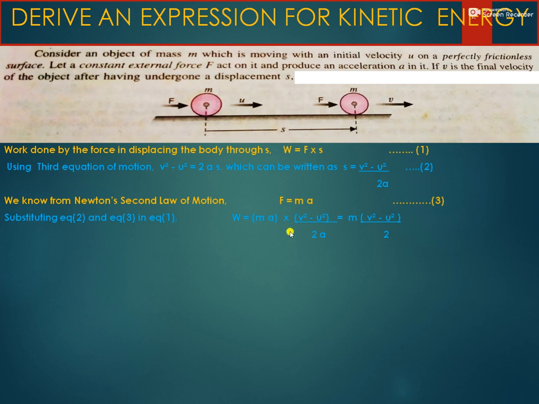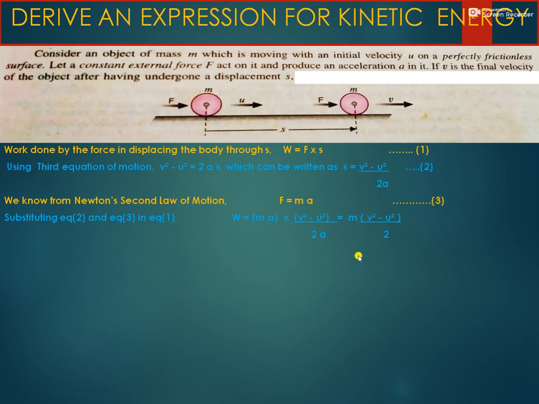So when you cancel this a and a, you will get the final equation: W is equal to m into (v square minus u square) upon 2. Now if you open the bracket, what will happen?